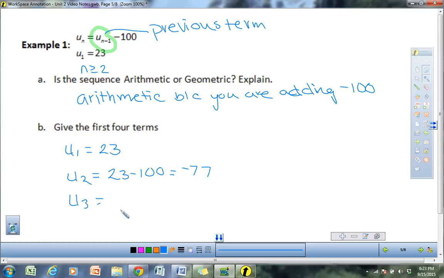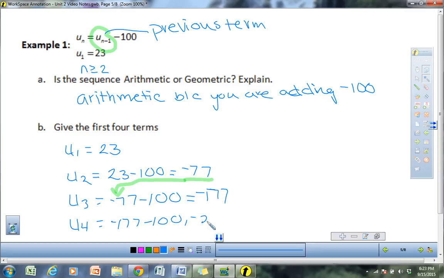Now for our third term, our previous term is negative 77. So that goes where our u sub n minus 1 is, and we get negative 77 minus 100 is negative 177. And then our fourth term is going to be the same pattern. So now we take negative 177, subtract 100, and we get negative 277.